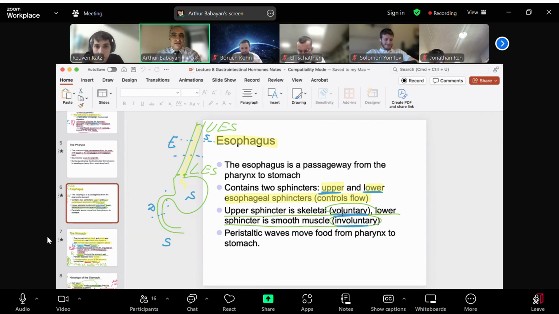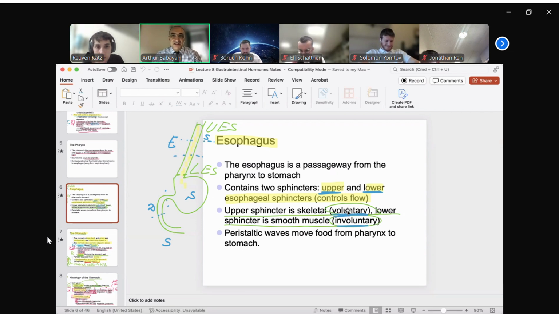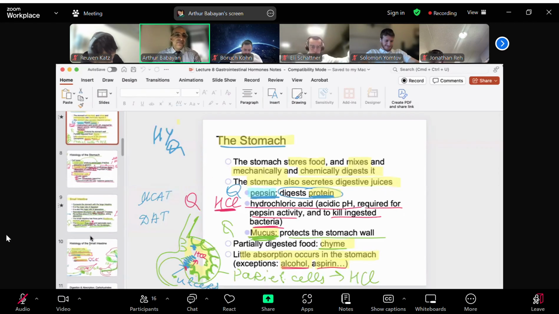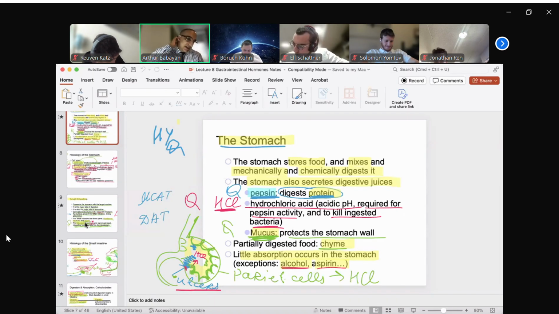Look here. Upper esophageal sphincter control, voluntary; lower, involuntary. Stomach. This is from the endocrine and anatomy classes and from the Bio 102 class.